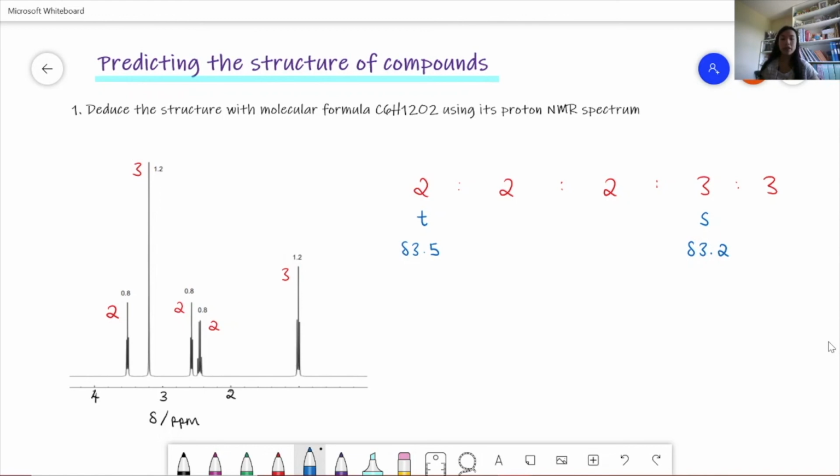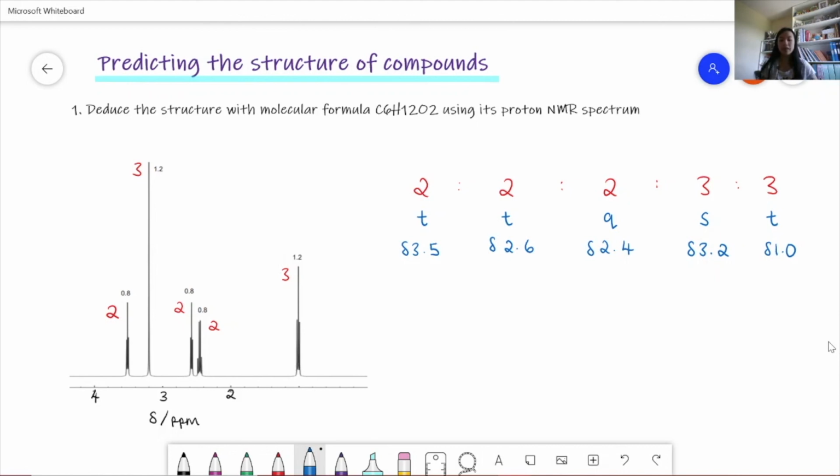Another triplet peak has a ppm value of 2.6. Then we have a quartet, and this is at 2.5. And finally we have another triplet peak, which is at 1. So this 2.5 is actually maybe 2.4. Now I've written it all out, it should be easier to see.